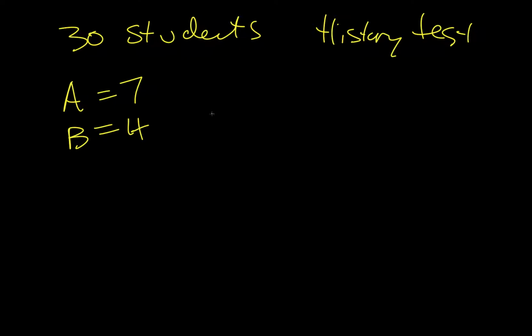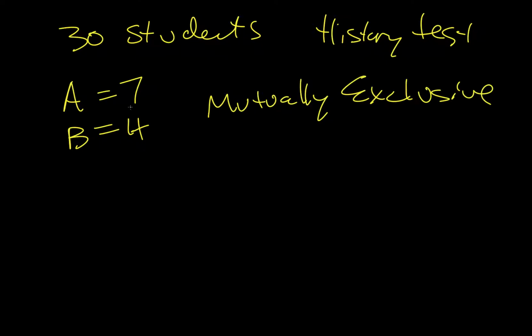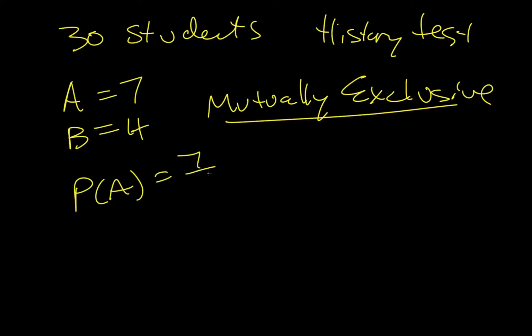The answer is yes. Because you can't both score an A and a B on a test, and so A and B are mutually exclusive. And so now they want us to find probability of A. So probability of A is simply there were 7 out of a class of 30, so 7 out of 30.